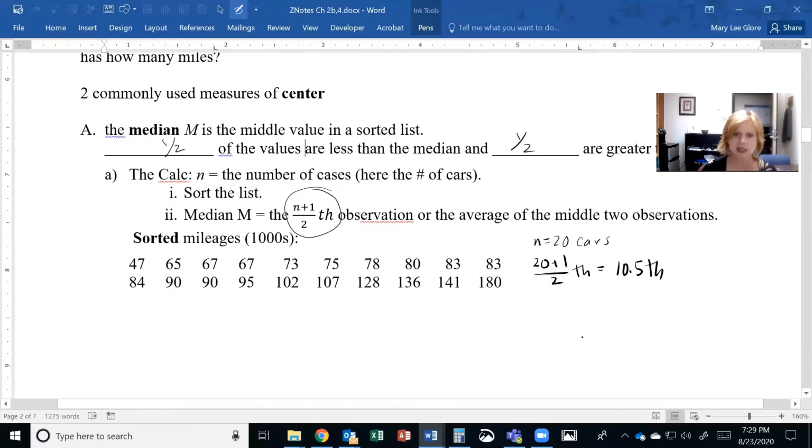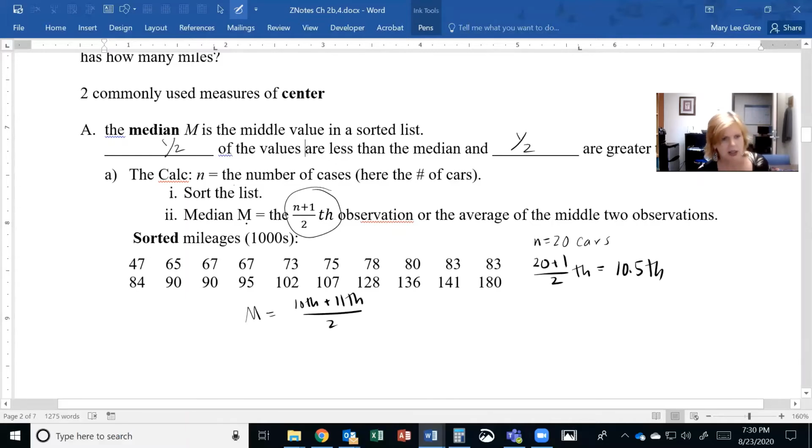So the median is either that observation, or if it's in the middle, it's going to be between the 10th and the 11th observation. Here, the median is going to be the 10th observation plus the 11th observation divided by 2. So it's halfway between there.